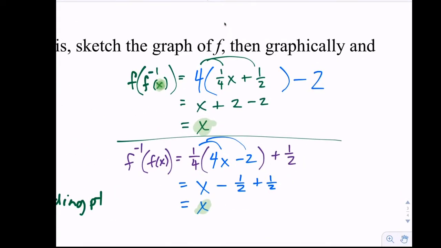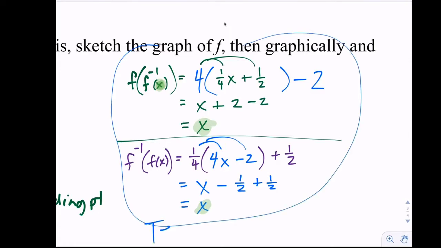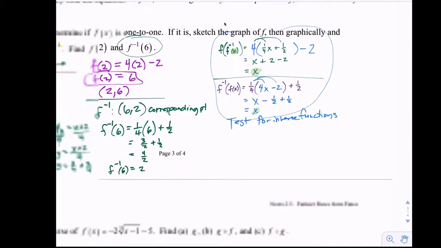This gives you a way to test for inverse functions. If I just hand you 2 functions, call them f of x and g of x, and I wanted to know if they were inverse functions, if you compose them both ways, and each time you not only get the same answer, but you get x each time, they're inverse functions, because it's the only time composition is commutative.